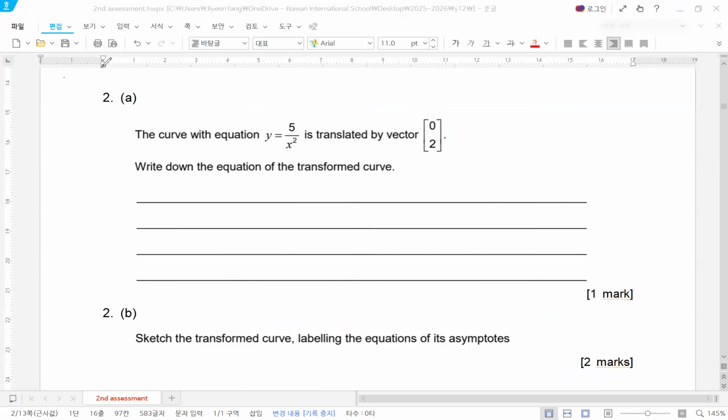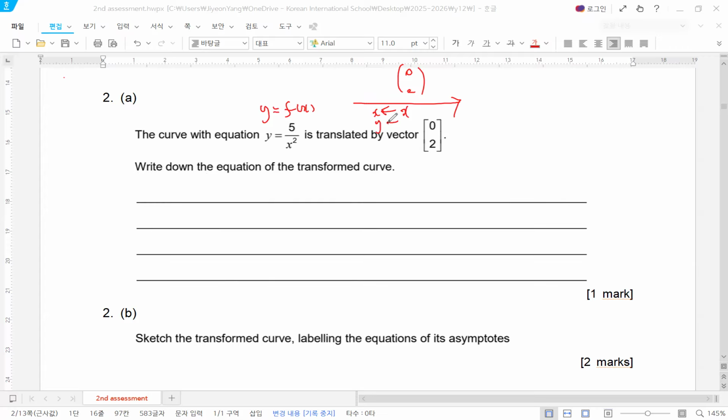And William, please try to read this question 2A out loud. Find the equation to transform the curve. So if this is y equals f(x), and then translated by vector (0, 2), there is no change from the x side, do you understand?